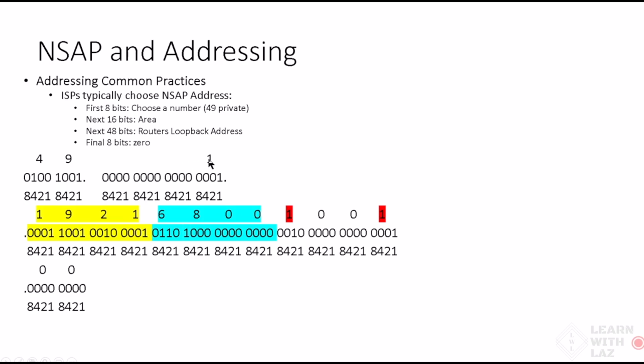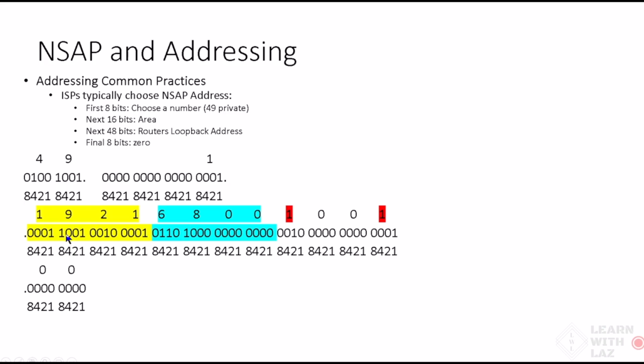Area 1, okay? It's the next 16 bits. Here they are, next 16 bits. 4 times 4 is 16. Here's 1, area 1. So then we have 192, but it's also 168. In this next section, everything is broken up into sections of 4.